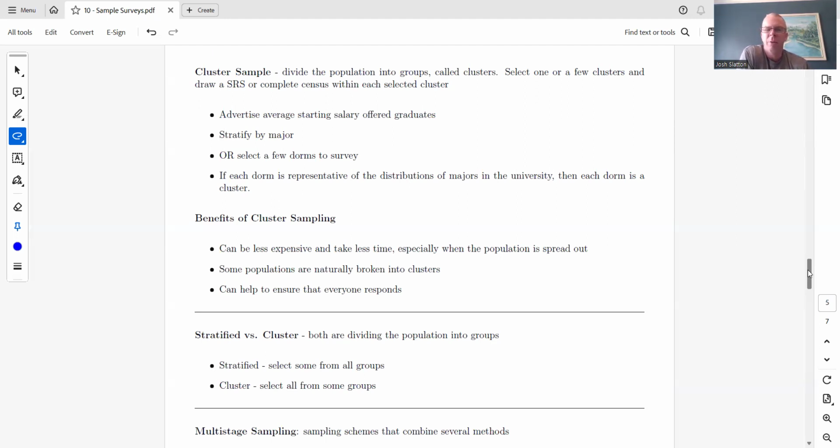Well, obviously average salary changes based on the major. So it would not be a good idea to cluster by major, but you could stratify by major. It would be a better idea to cluster by dorm, because in dorms you likely will have different majors, so you can get one dorm and get all the different majors. So that's the difference.